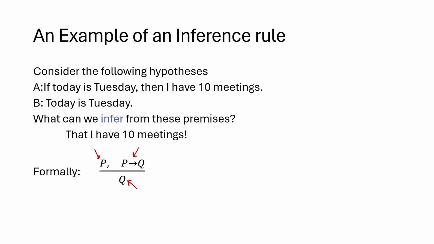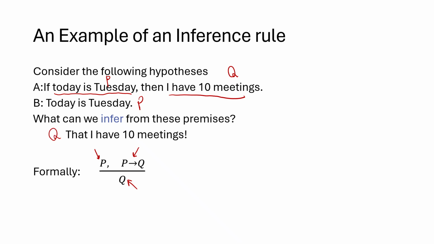If you have two hypotheses, one of them says if P then Q. In this case, this is P and this is Q. And also, you know that P is true. From these two things, if P then Q and P, it follows that Q must be true as well, which is down here.